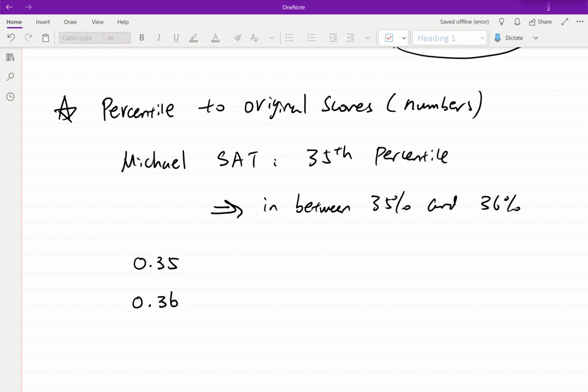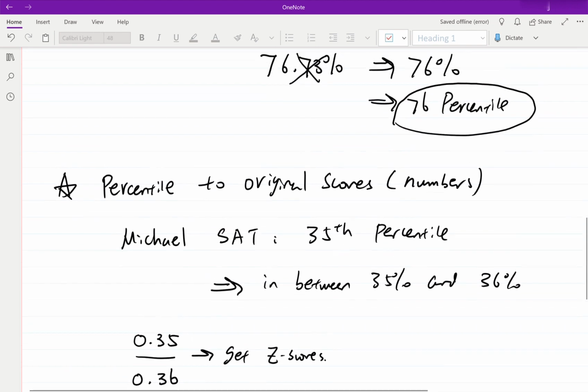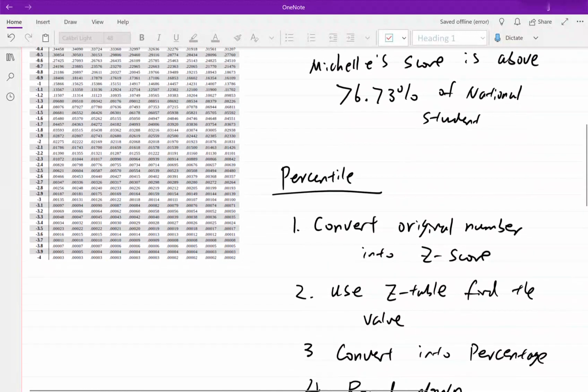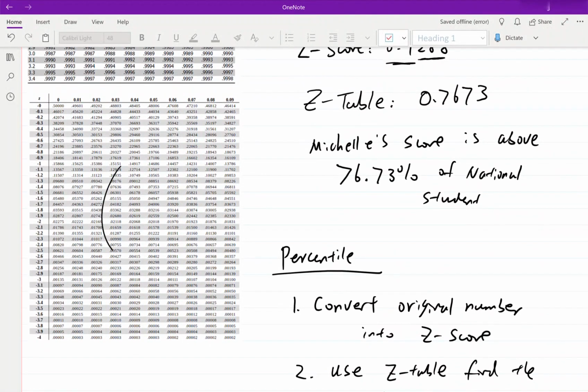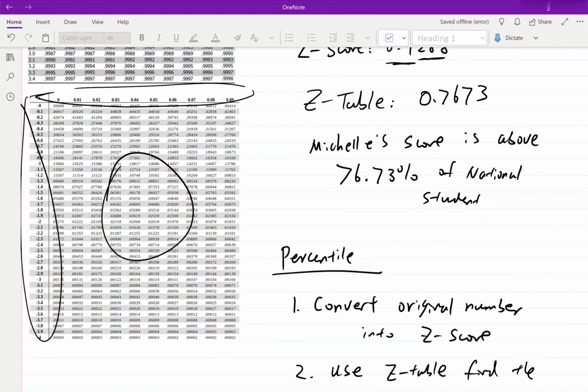The next step is, since we got the percentage, we got the value, now we want to use the Z table to get the Z score. So the next step is to get the Z score. Okay, 0.35 and 0.36. Now if we go to the Z table, we're looking at the middle, the probabilities. So instead of looking at these two sets of values, we'll be looking at the middle for the probability.